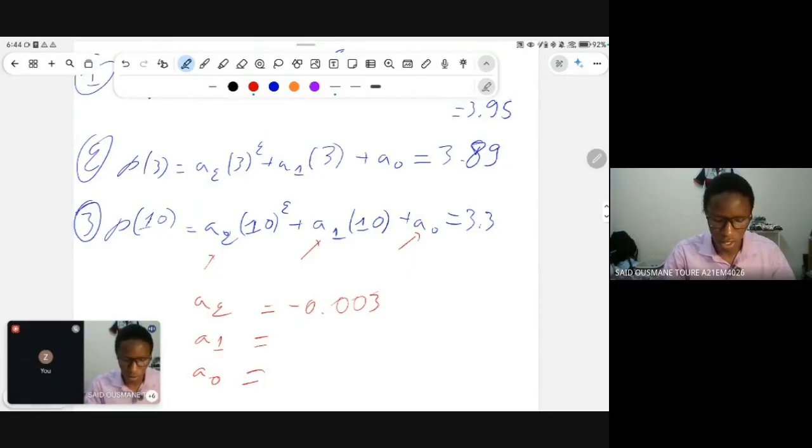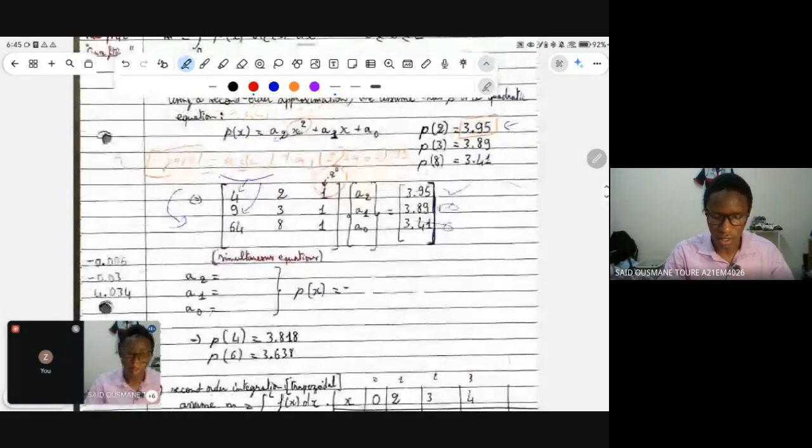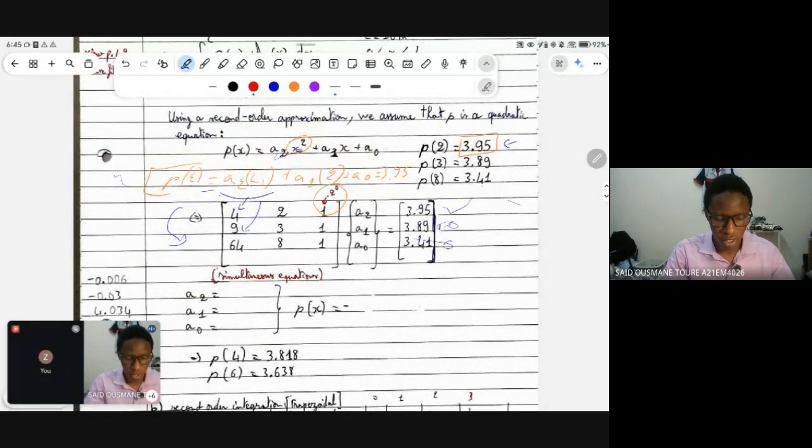Oh, sorry, 3.95. Again, same goes for the value of 3, as shown here. The value of 3 is 9, and you have 2, then you have 1, equals 3.89. Lastly, 64, 8, 1 equals to 3.41.